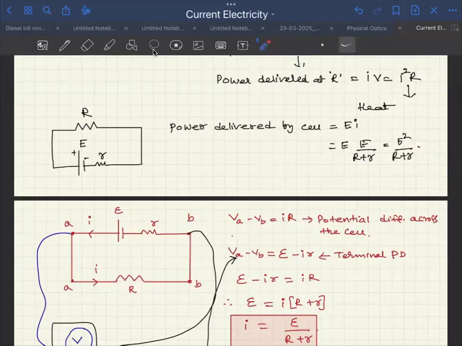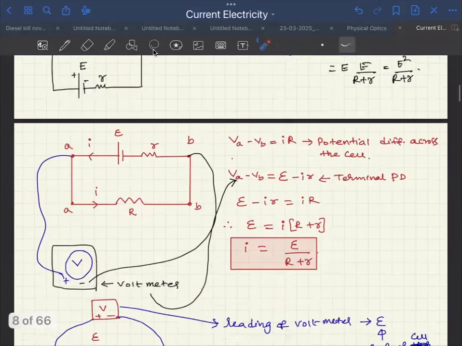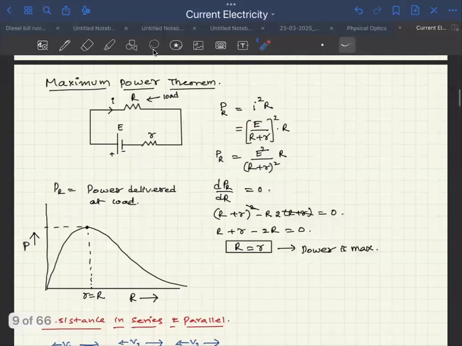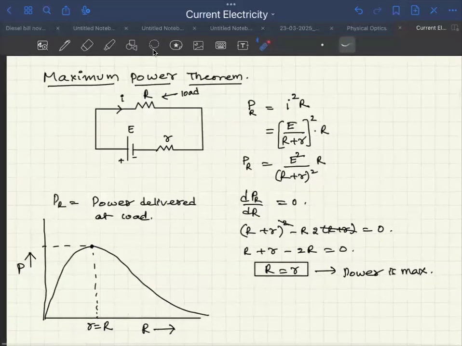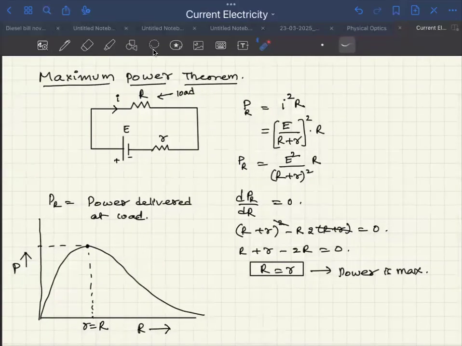This is the total power delivered by the cell, and this power is dissipated in the form of heat at R as well as small r. But you cannot draw the part at small r because it happens inside the cell. You can draw the external part. From this, I want to propose something called the maximum power theorem.